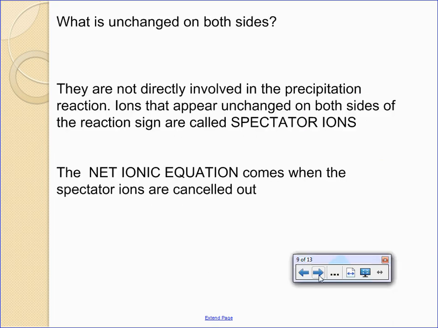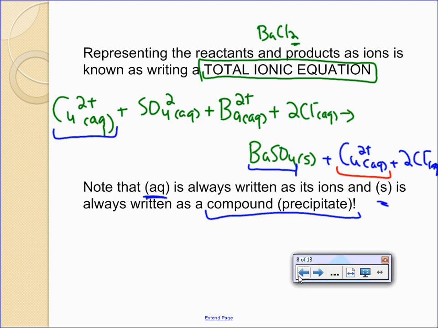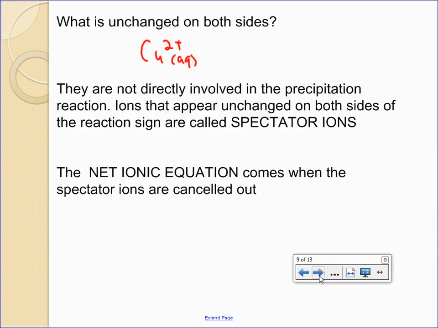So in this case, copper is unchanged. It's the exact same on both sides of the reaction. If we go back and look at our reaction again, we'll see that we have chlorine ions on our reactant side, chlorine ions on our product side as well. That is unchanged. So we can add in our chlorine ions to what is the same on both sides.